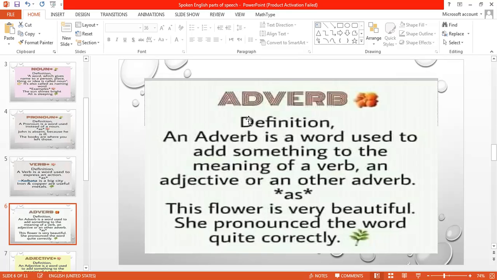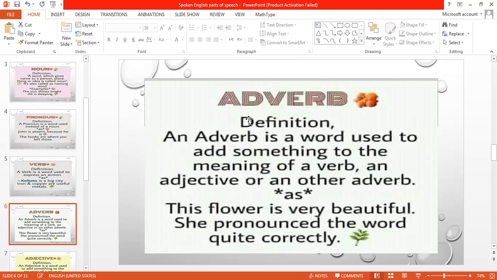Charming, well-versed, handsome are the words that are adding meaning. The girl is pretty. The boy is handsome. Okay, the cat is fluffy.